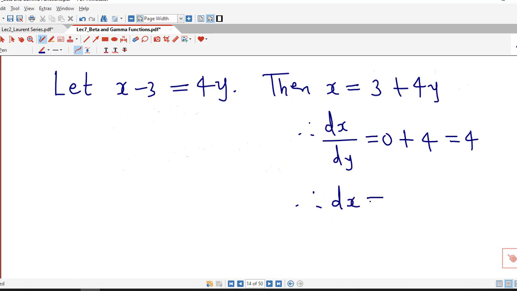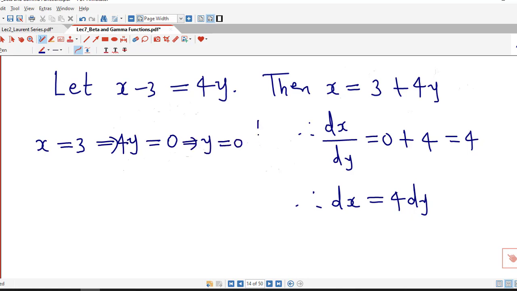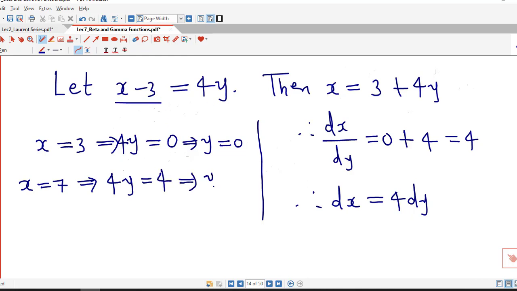So therefore dx is 4 times dy, and we write down the limits also. x equal to 3 implies 4y equal to 0, that is y equal to 0, and x equal to the upper limit 7 implies 4y equal to 7 − 3, that is 4, and this implies y equal to 1.